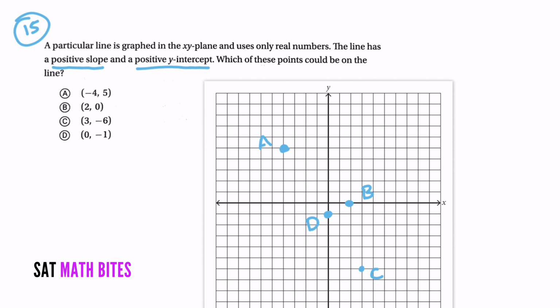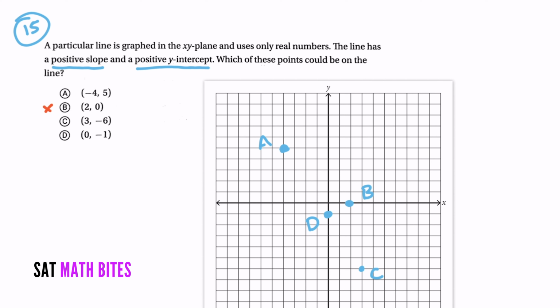So if we look at point B, 2, 0, any point that we put and we connect it to B, we know that's going to have a negative slope because all of the line is decreasing from left to right. So we know that B is not a viable answer choice.